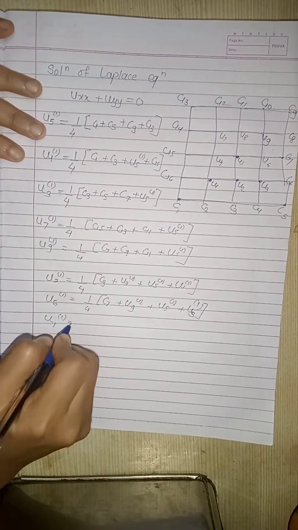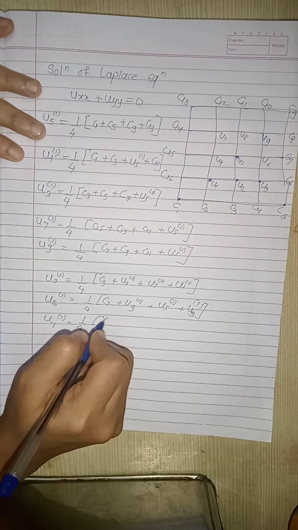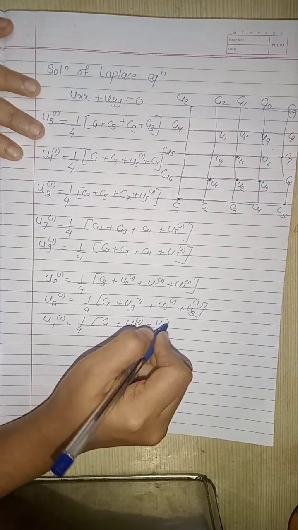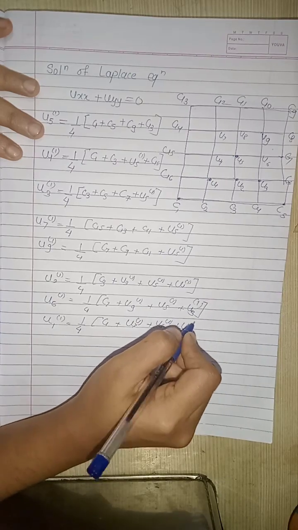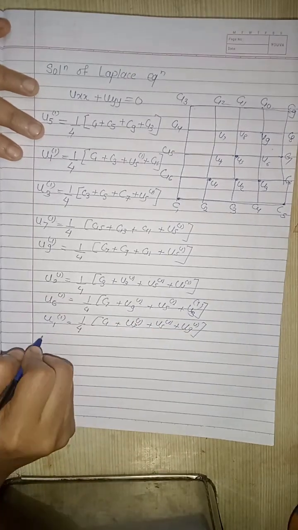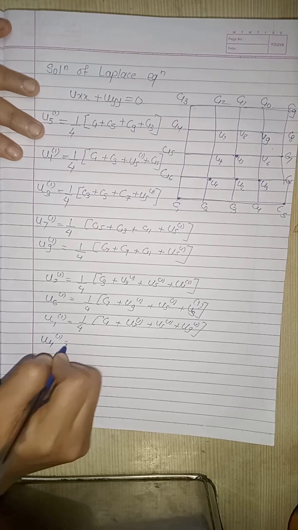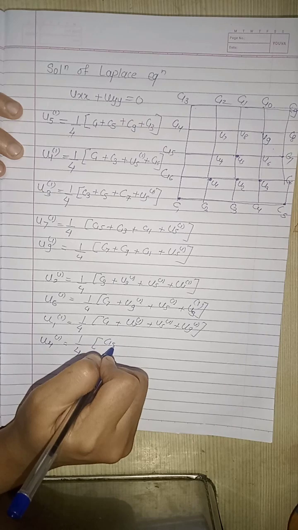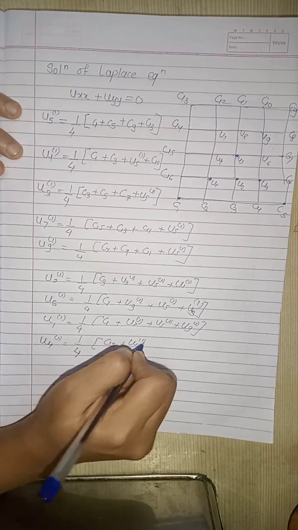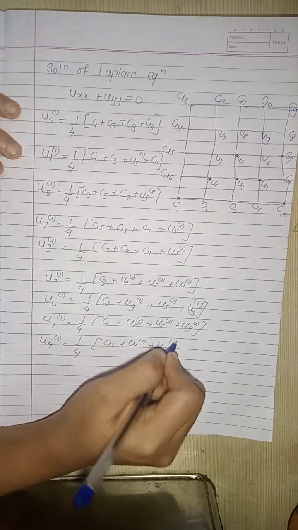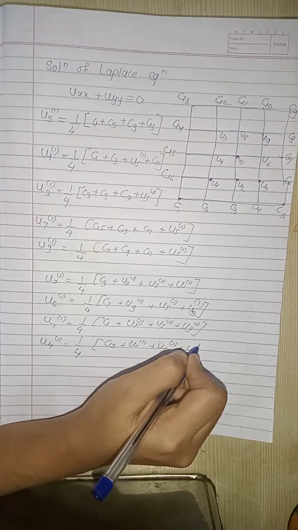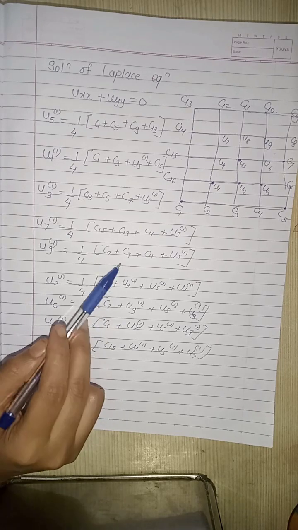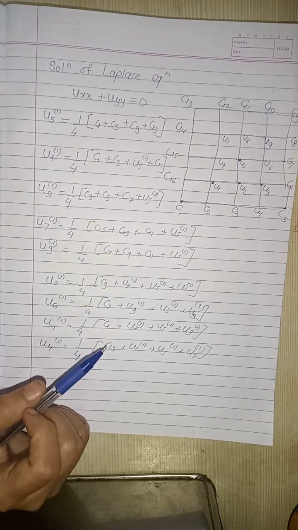And u1^(1) equals 1 upon 4 [c1 plus u7^(1) plus u5^(1) plus u9^(1)], and u4^(1) equals 1 upon 4 [c15 plus u1^(1) plus u5^(1) plus u7^(1)]. So these are using the standard 5-point formula.